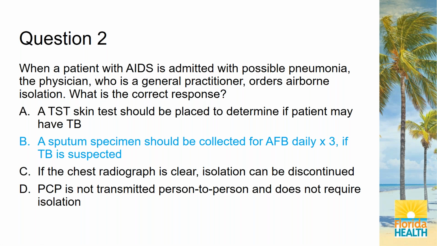You're assuming the AIDS diagnosis is caused by PCP, because it needs droplet precaution still. You do not have a diagnosis, you're just assuming. Very good, right? At this point, they're admitted with a possible pneumonia. You're not exactly sure what it could be. It could be TB, it could be PCP. You're not sure. So you need to take the necessary isolation precautions.